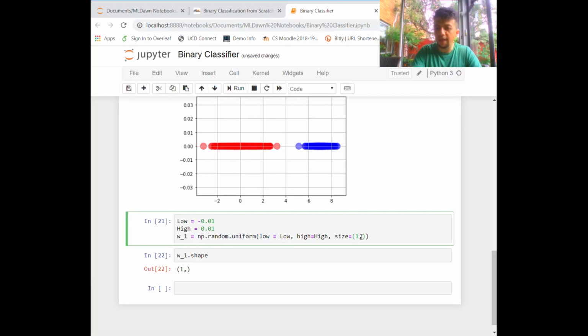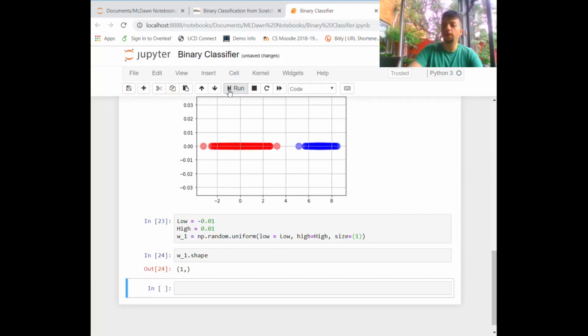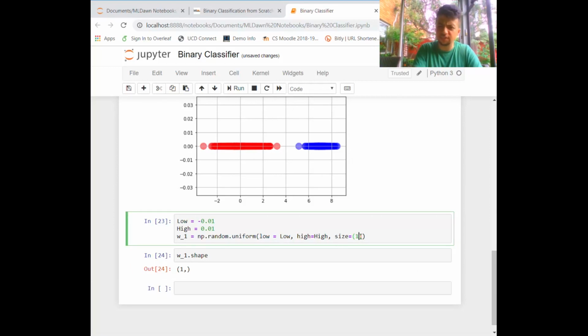This is what we wanted. If I eliminate this comma, maybe I get an error. No, no error, still fine. But it just visually makes more sense to me to put a comma there, as a hint that there could be more than one dimension to this.